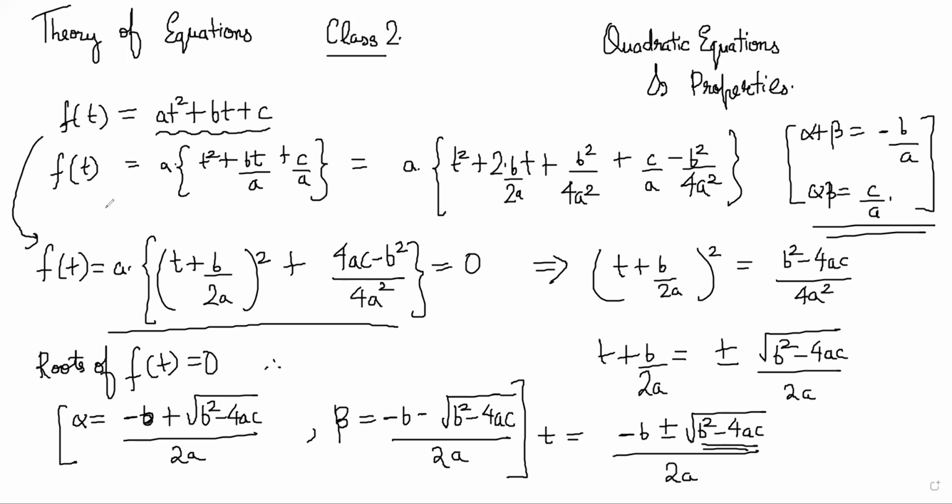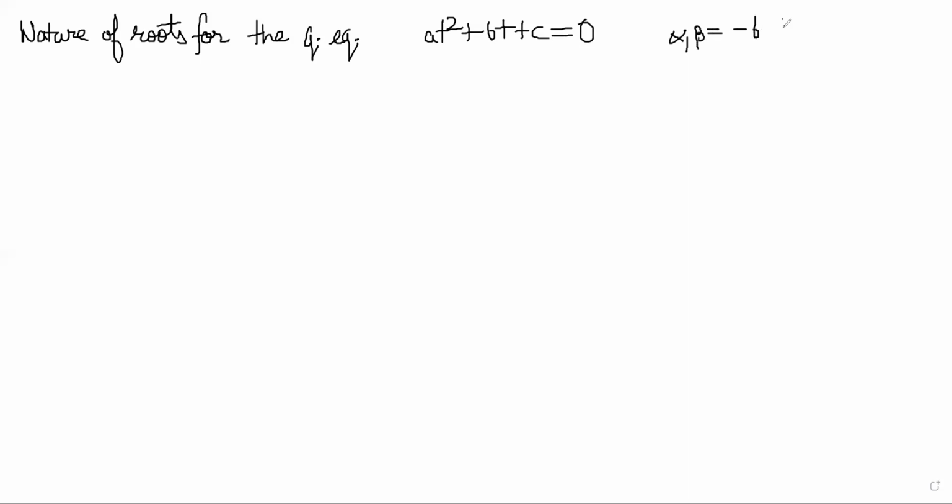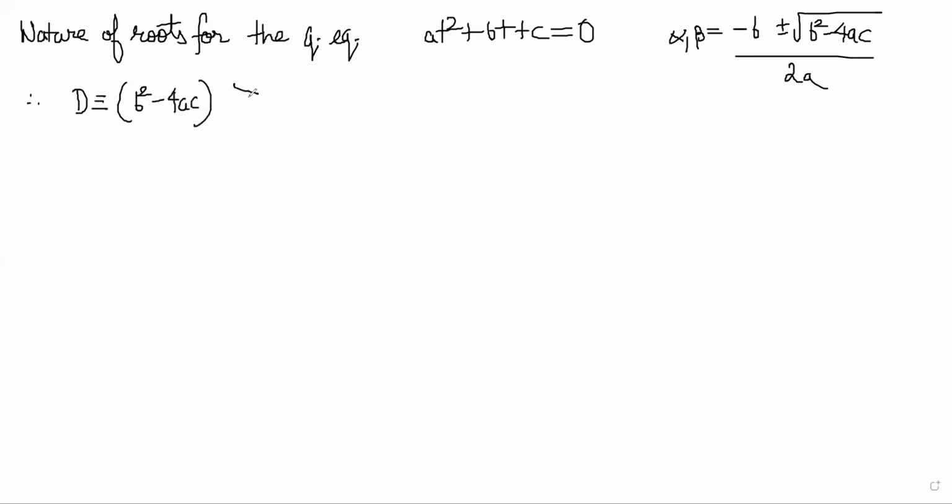So therefore we can find the nature of the roots for the quadratic equation at² + bt + c = 0. Alpha, beta = (−b ± √(b² − 4ac))/2a, and therefore if D, which is called the discriminant, b² − 4ac, is greater than 0, alpha and beta are real and distinct, since clearly the roots are not equal to each other.